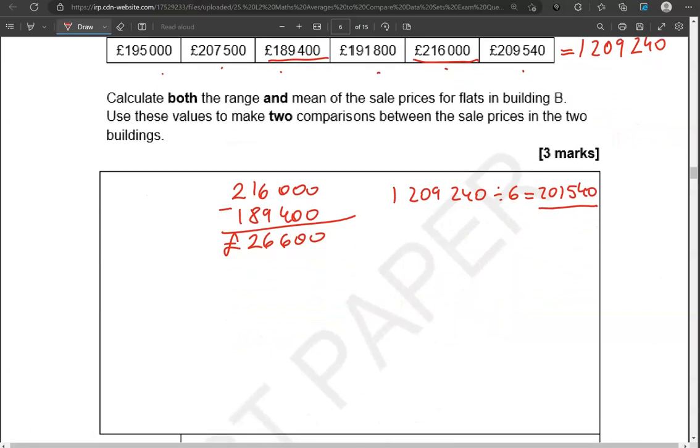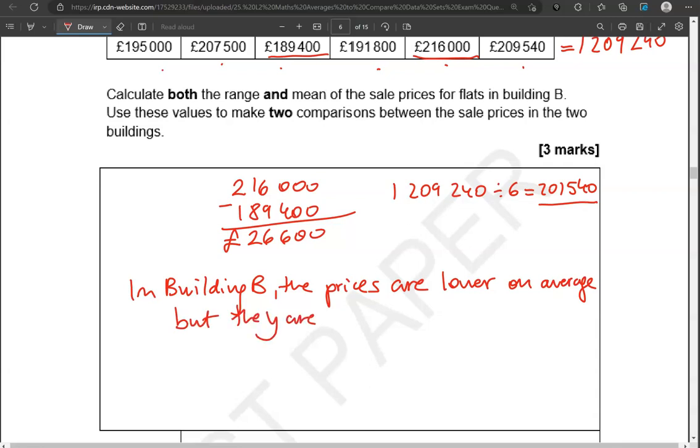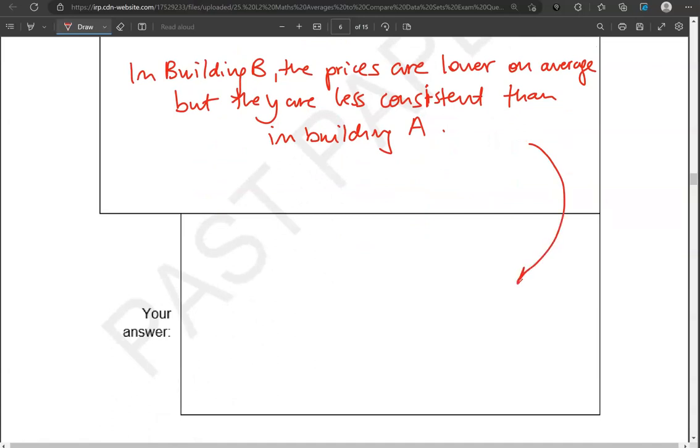So we're going to say in Building B, the prices are lower on average, but they are less consistent than in Building A. And in fact, this answer should come here.